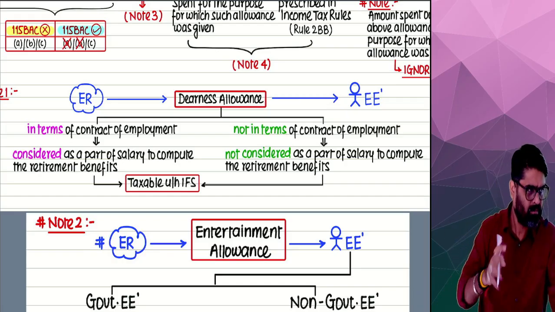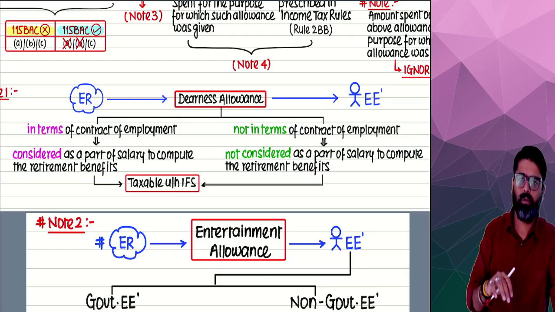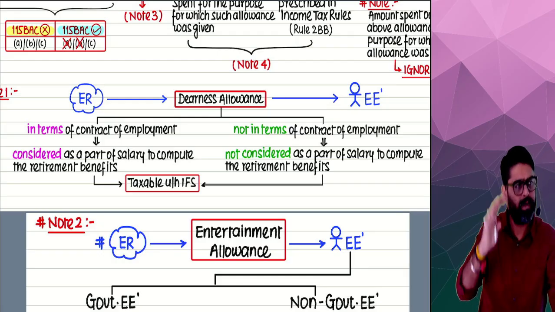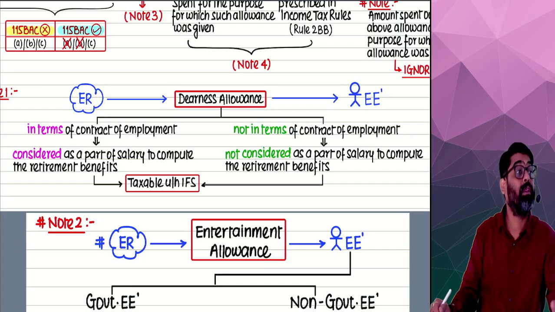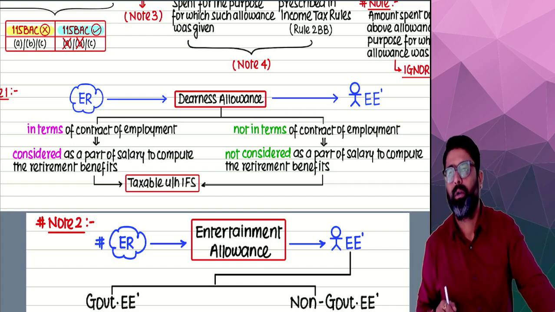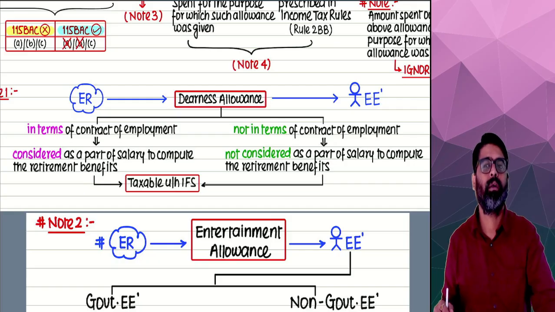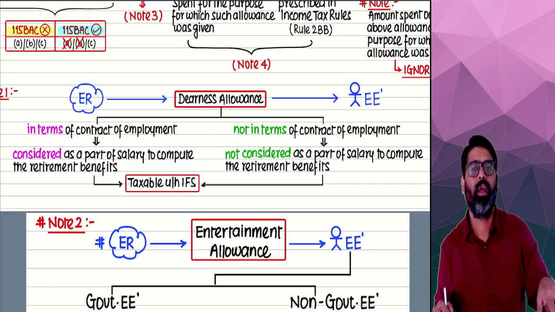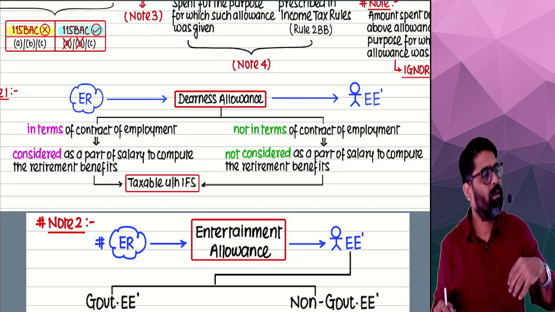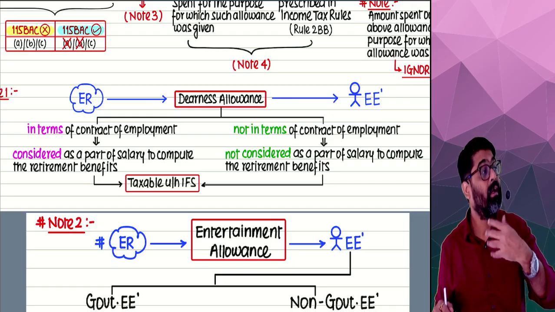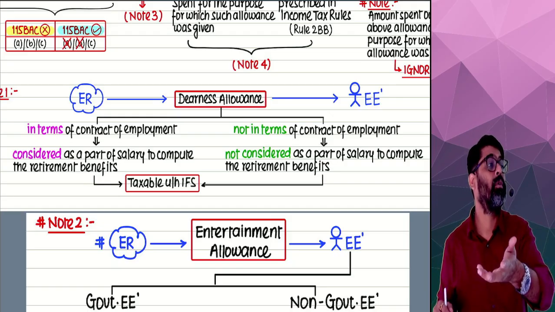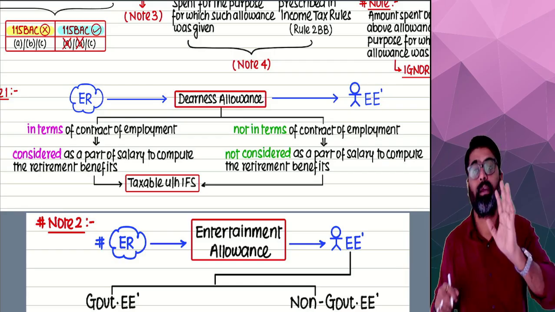But when the month ends, I will give you a DA of 25,000. Even that 15,000 DA which was not written in the contract, I will give you that also. I'll say, see, I thought that you should not be getting this little salary, so I'm giving you 15,000 extra, but in the form of DA.